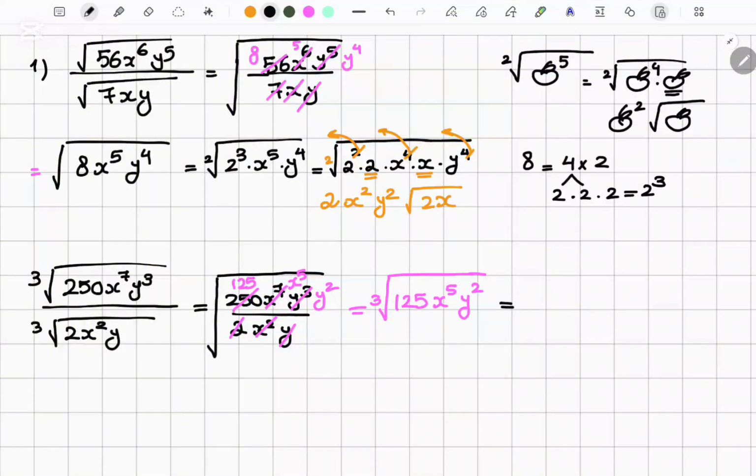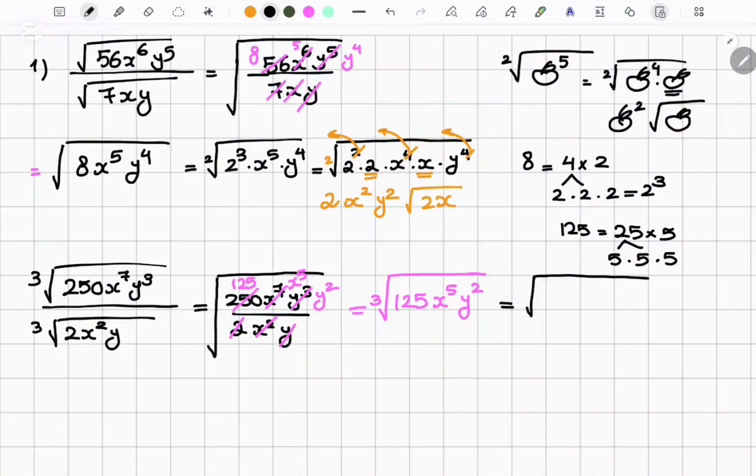Now what I'm going to do is this, that I need to say what 125 is. I know that 125 is divisible by 5. So when I divide it by 5, I'm going to notice that it's going to be 25 times 5. And I already know that 25 is 5 times 5. So I would know that 125 is just 5 to the power of 3.